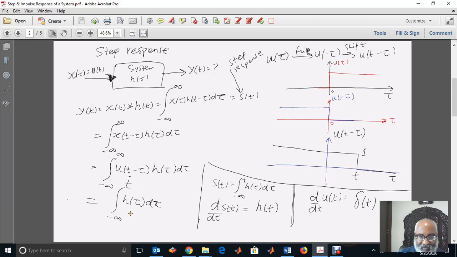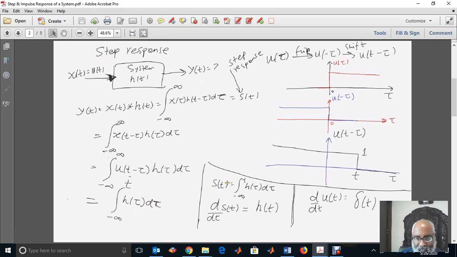This is interesting, actually. If you remember, the unit step, u(t), is the integration of the Dirac function, the impulse function. With the same analogy, if I give a unit step input, I get the integration of the impulse response at the output. So the step response of the system is the integration of the impulse response of the system.